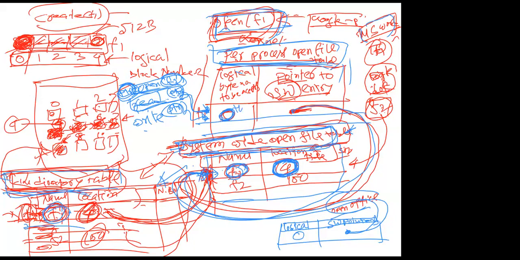Your CPU asks for the 0th byte. First, you figure out the logical block number for this 0th byte, that is, at which logical block of the file the 0th byte is available.